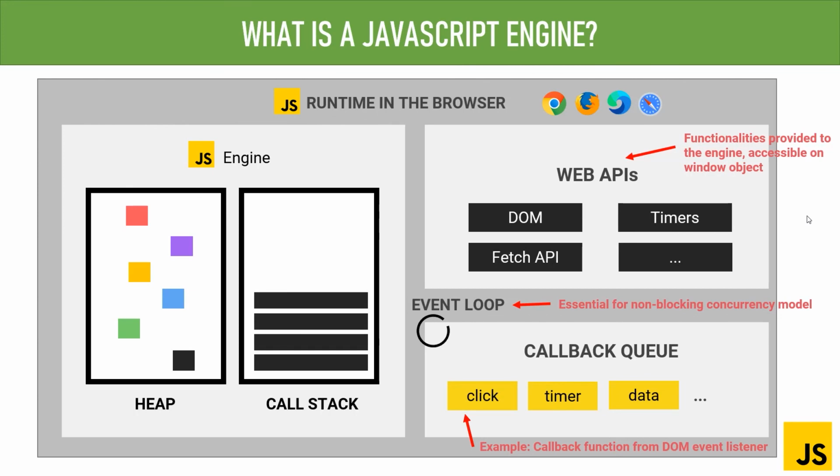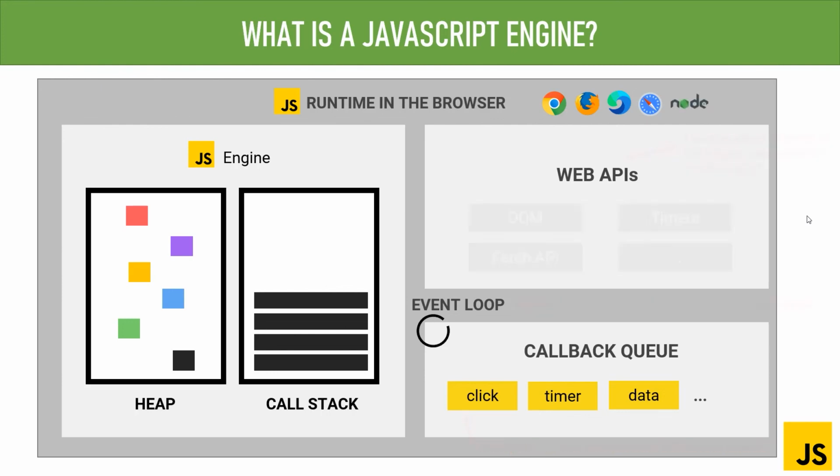It is pretty similar, but since we don't have a browser, of course, we can't have the Web API. Okay? Because it's the browser that provides this. Instead, we have multiple C++ bindings and a so-called thread pool. No, details don't matter here at all. I just want you to know that different JavaScript runtimes do exist.